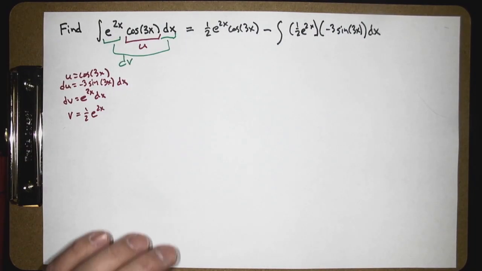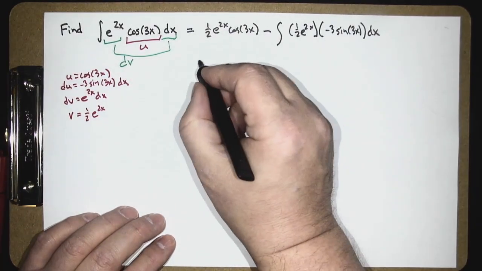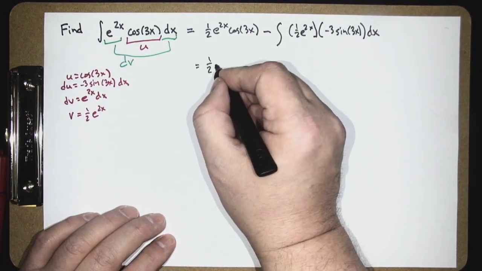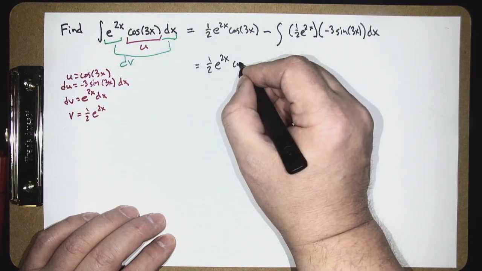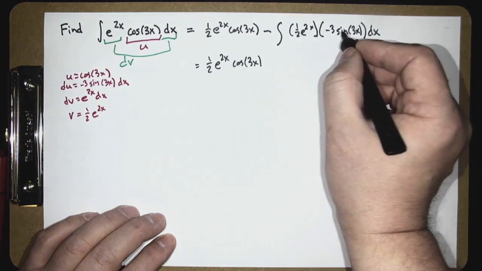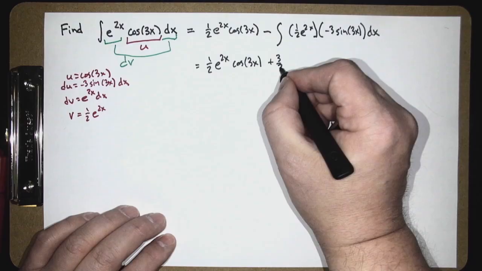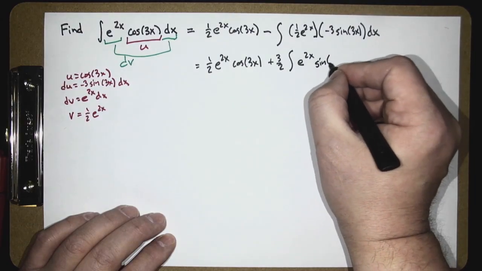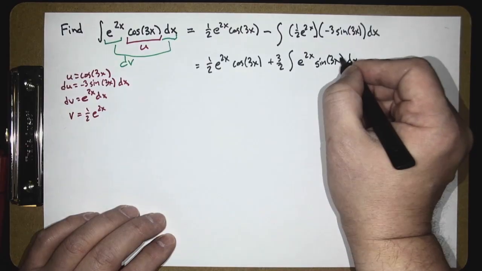We got lucky here with our signs, because a minus and a minus. So we'll clean that up just a little bit. 1/2 e to the 2x cosine 3x. I'll pull out the constants, plus 3/2 integral e to the 2x sine of 3x dx.